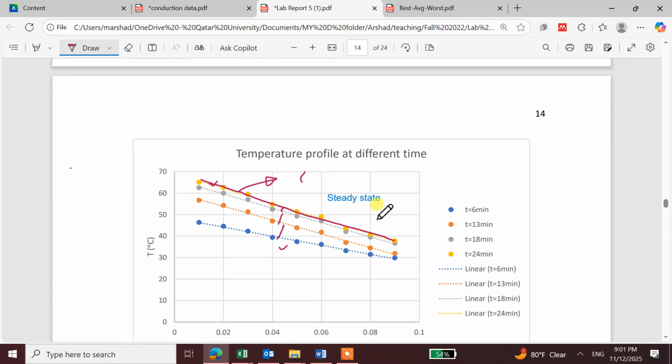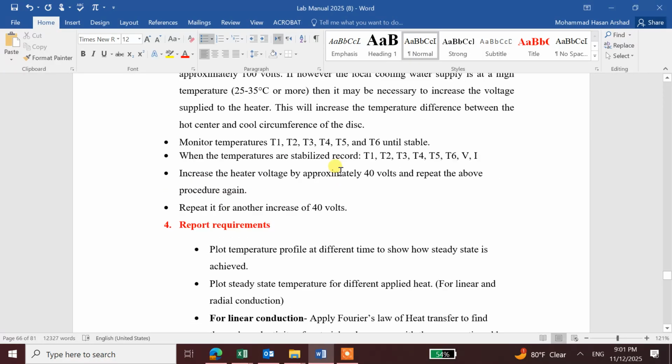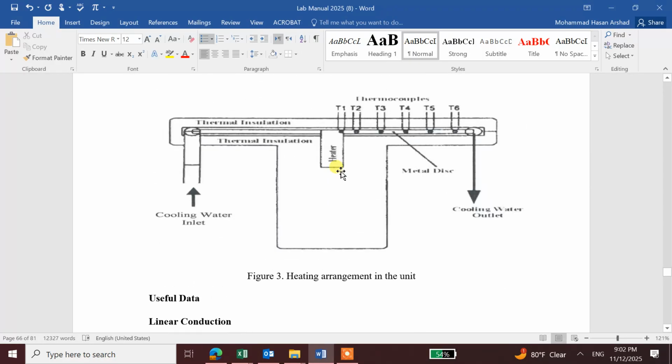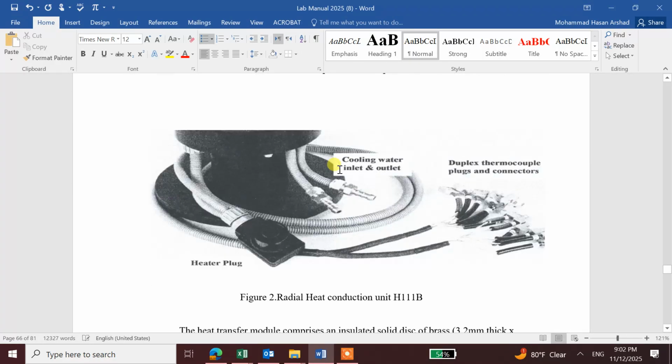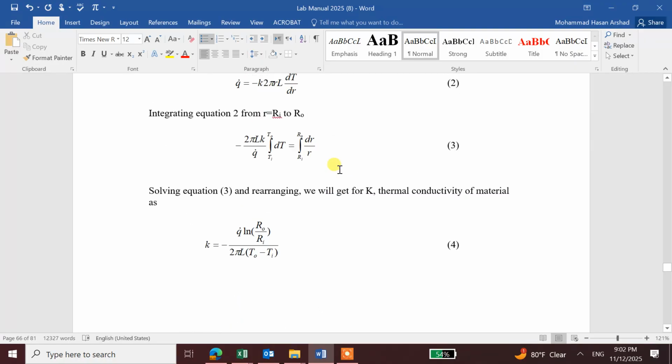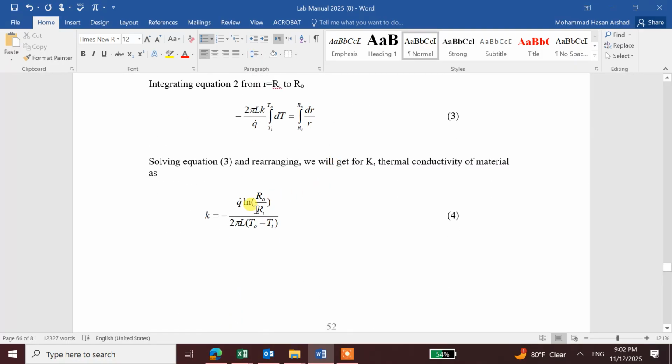If you look at the equation itself for the radial conduction, this one, the profile is ln r, so with r as logarithm, you can fit a logarithmic trend line.